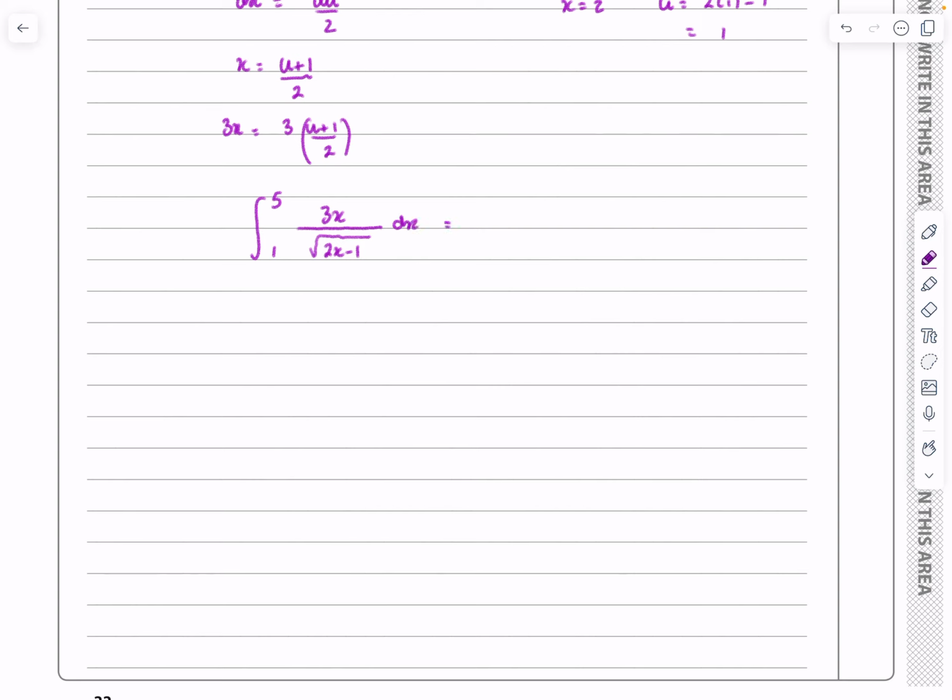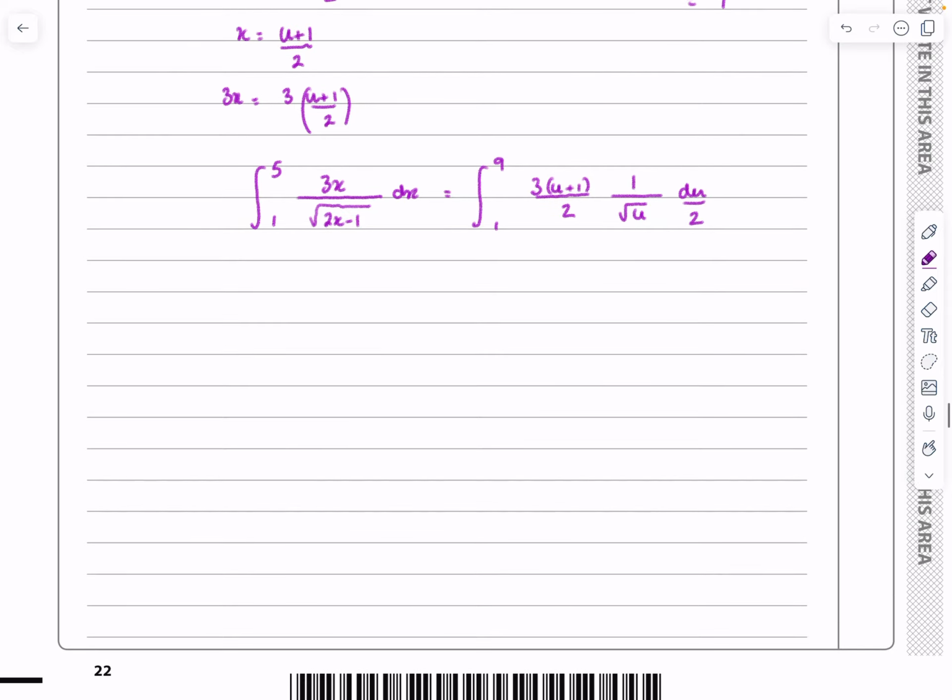So if I replace those things, replacing the limits will be 9 and 1. Replacing 3x is going to be 3 times u plus 1 over 2. Dividing by root 2x minus 1, I'm just going to write that as 1 over square root u, and then dx gets replaced with du over 2.